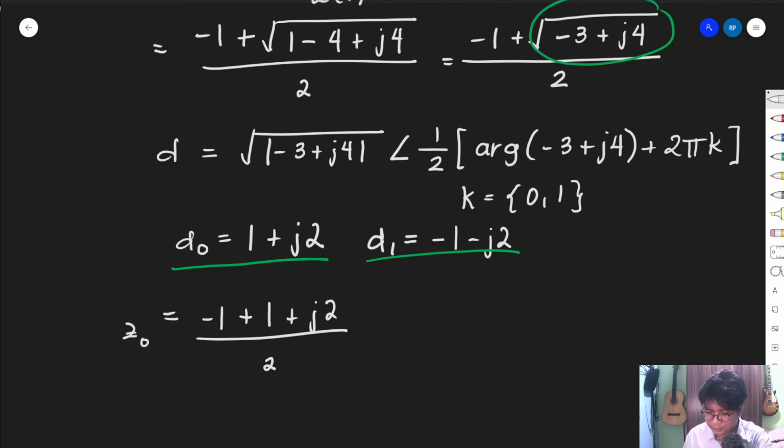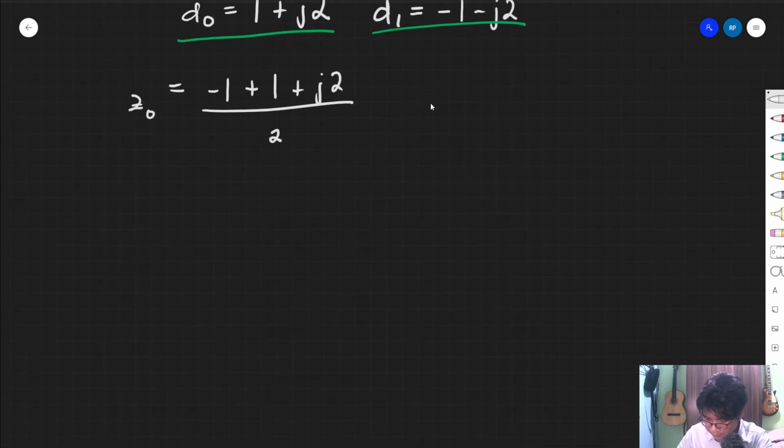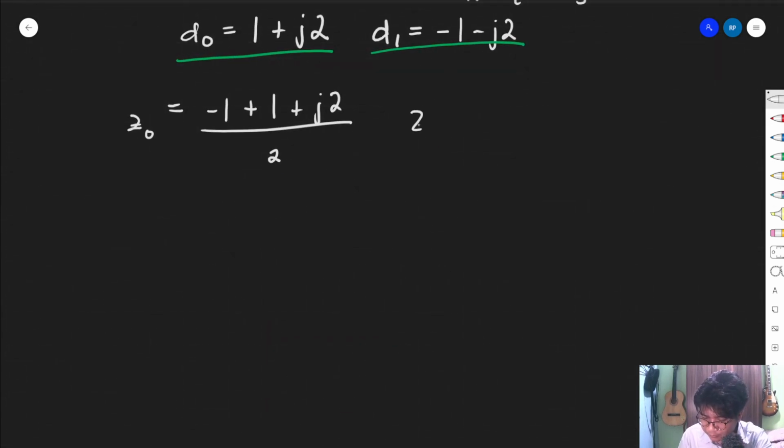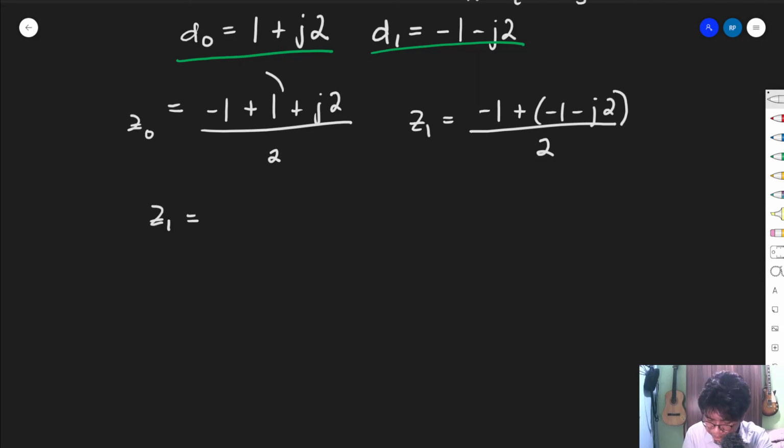Ito naman, dito sa kabila, z sub 1. Lagay ko na rin: we have negative 1 plus negative 1 minus j2, over 2.